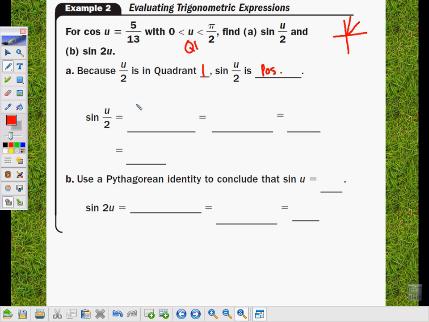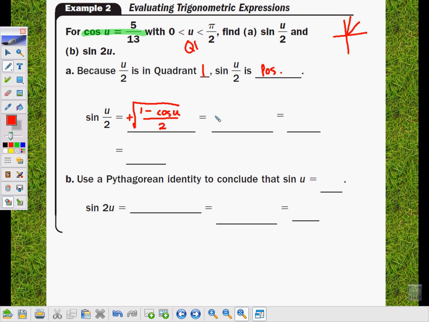I'm going to choose the positive version because we just decided that it's going to be positive. Positive square root of 1 minus cosine u over 2.